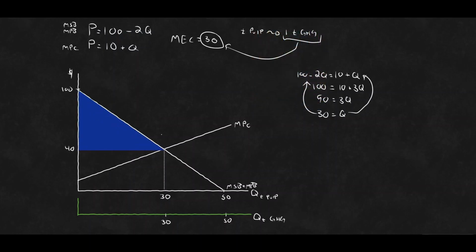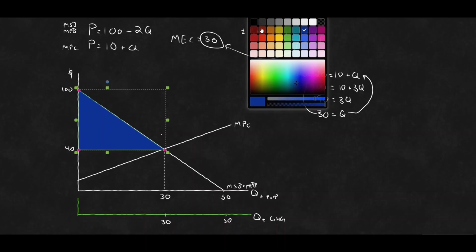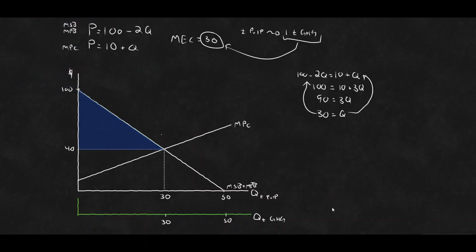Consumer surplus looking something like that, below our willingness to pay, above the price we have to pay. So starting off, our consumer surplus is just a triangle, 1/2 base. We have a base of 30 times height. We have a height of 100 minus 40. We have a height of 60 there. Result of that all together is going to be $900 worth of consumer surplus.